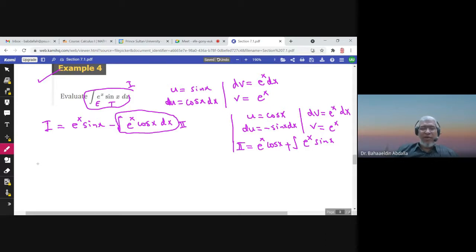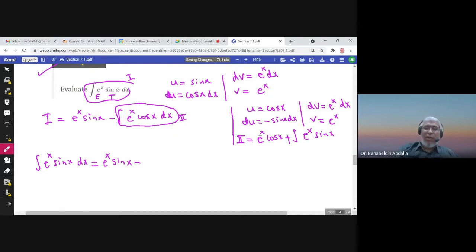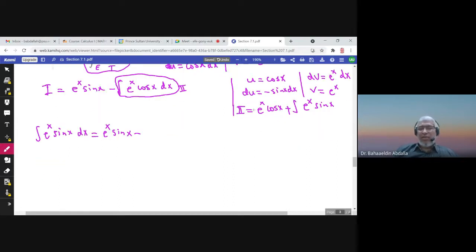I have integral e^x sine x dx, which is I, equals e^x sine x, this one, minus double I. So minus e^x cosine x minus integral e^x sine x dx.